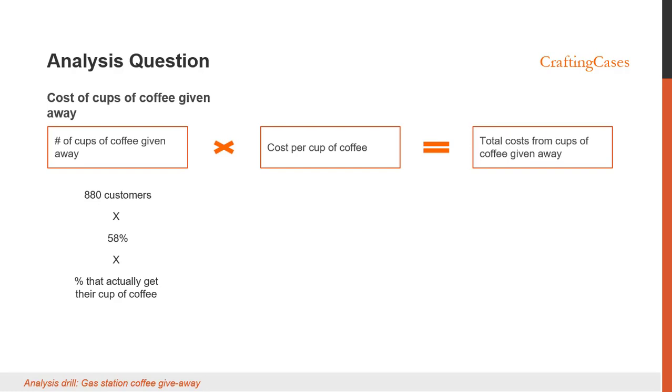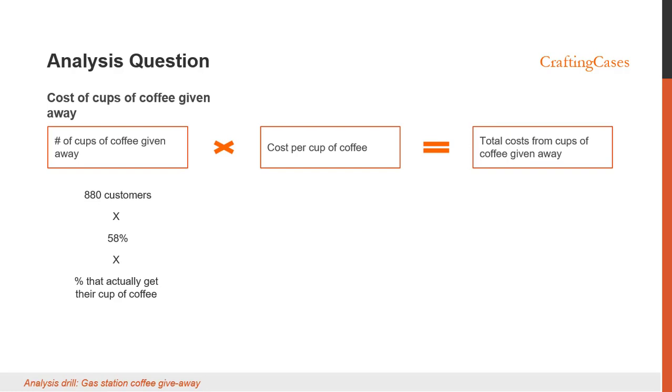It should not be based on the assumption that many customers will not take their coffee. Okay, let's assume that. So that's 100%. So I have 880 times 58%. I'm going to get half of that. That's 50%, 440.